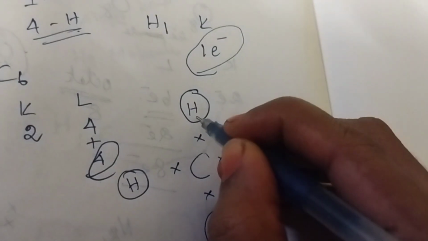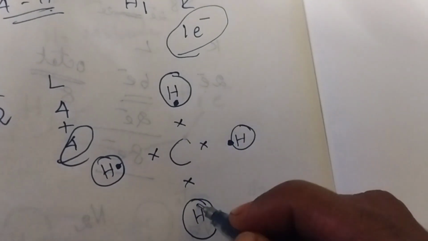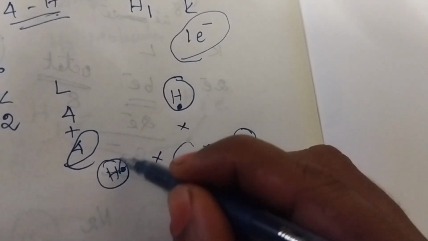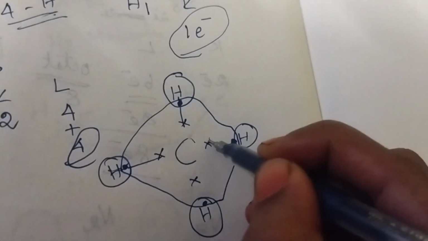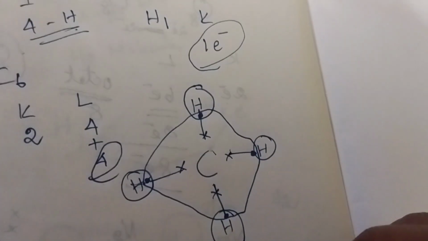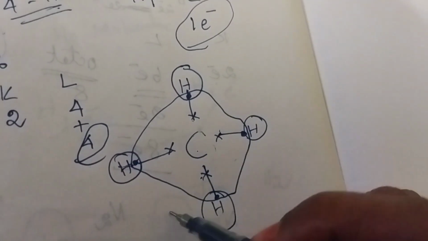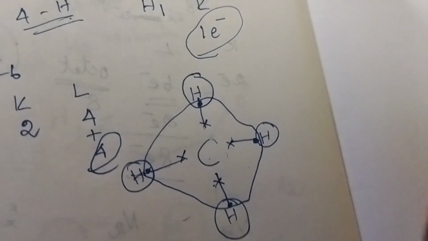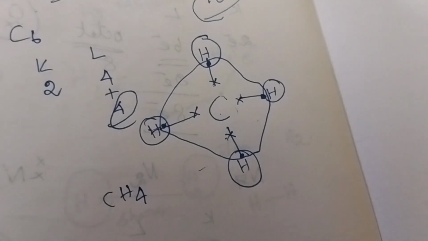These hydrogens all contain 1 electron in the last shell. So these are all going to join, this and this. Okay. From carbon the 4 electrons, from the 4 hydrogen 1 electron each. So totally the bonds look like this. So this is CH4 formation, methane formation.